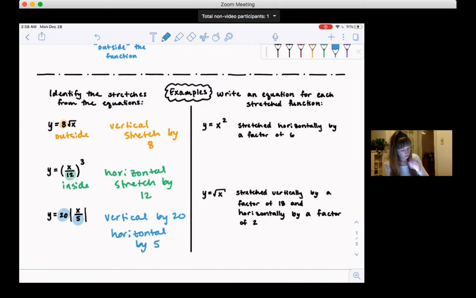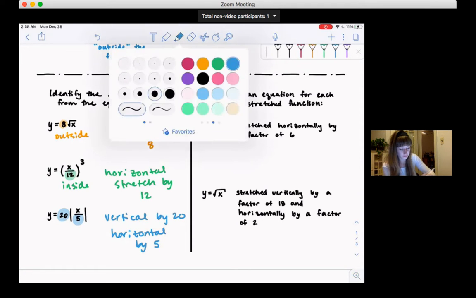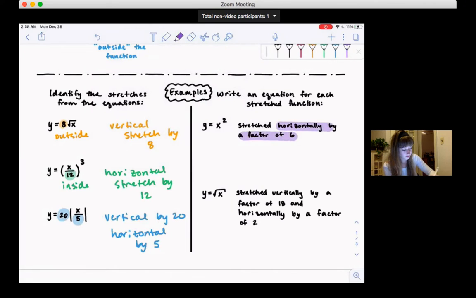Okay, cool. So now let's try writing equations. We're going to start with our base equation, y equals x squared, and we're going to stretch it horizontally by a factor of 6. So this is going to be inside the function.